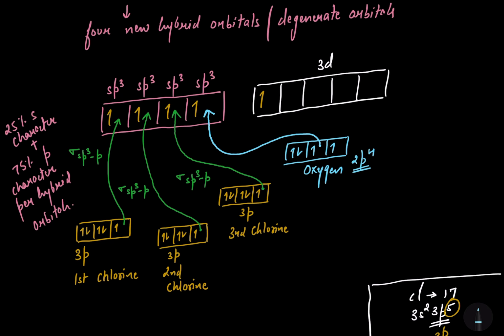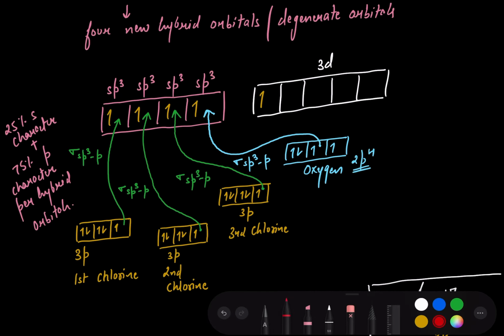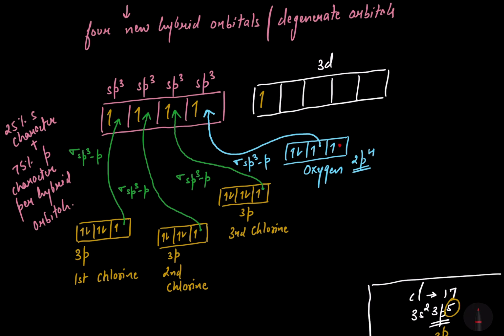So here we got the fourth sigma bond, formed by head-on overlap of the sp3 hybrid orbital of phosphorus with the p orbital of oxygen. Now what are we left with next?